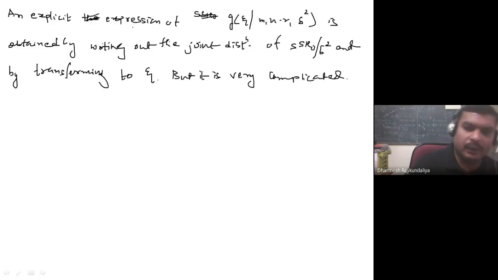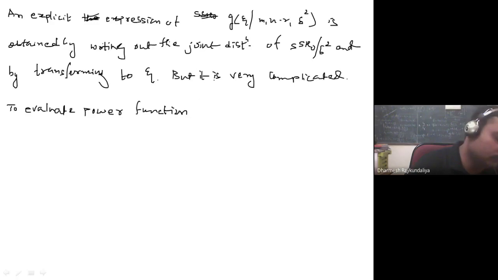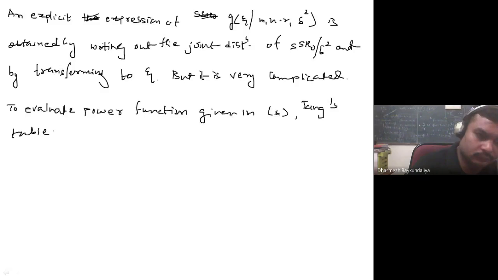But Tang has given tables to evaluate the power function given in star. Tang's tables may be used. The tables are given in some notation.